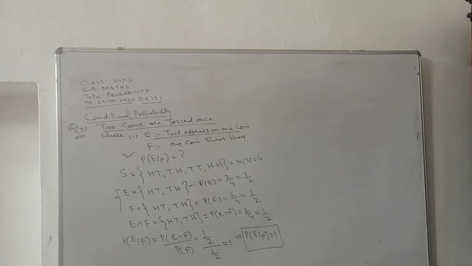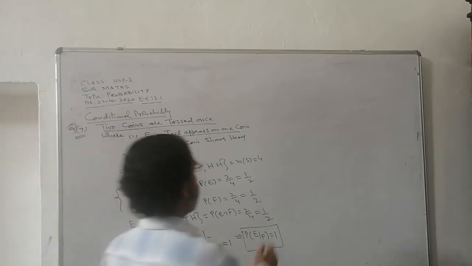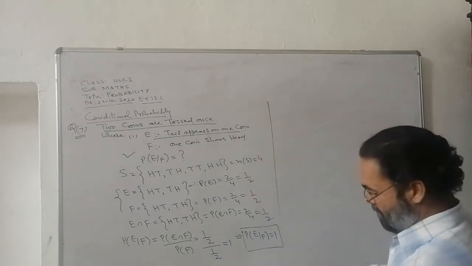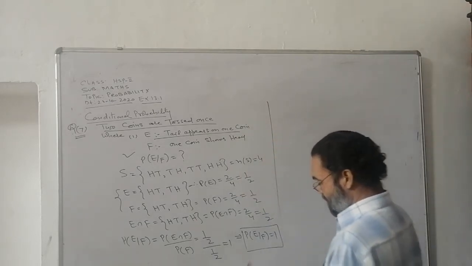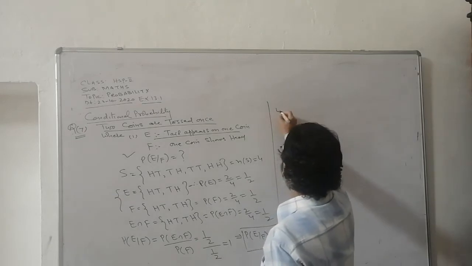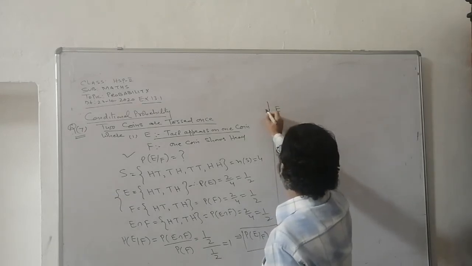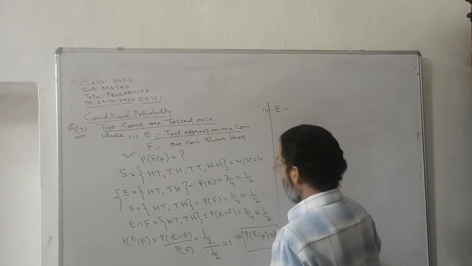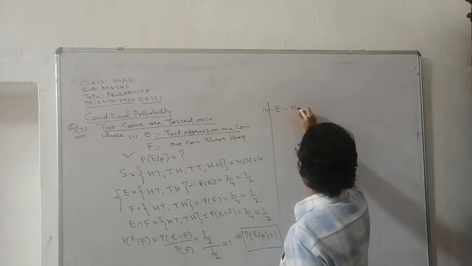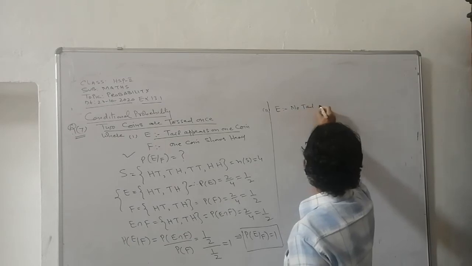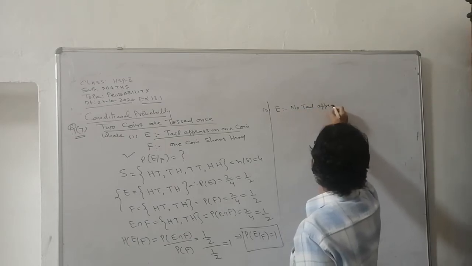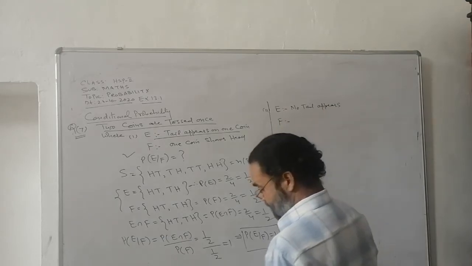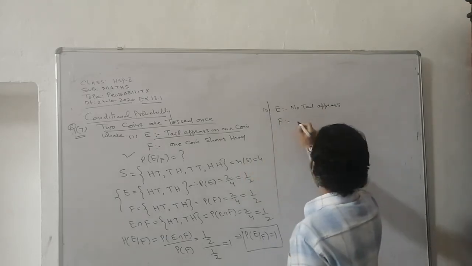So there is another part, part second of the same question. In part second, E is the event where no tail appears. F is the event where no head appears.